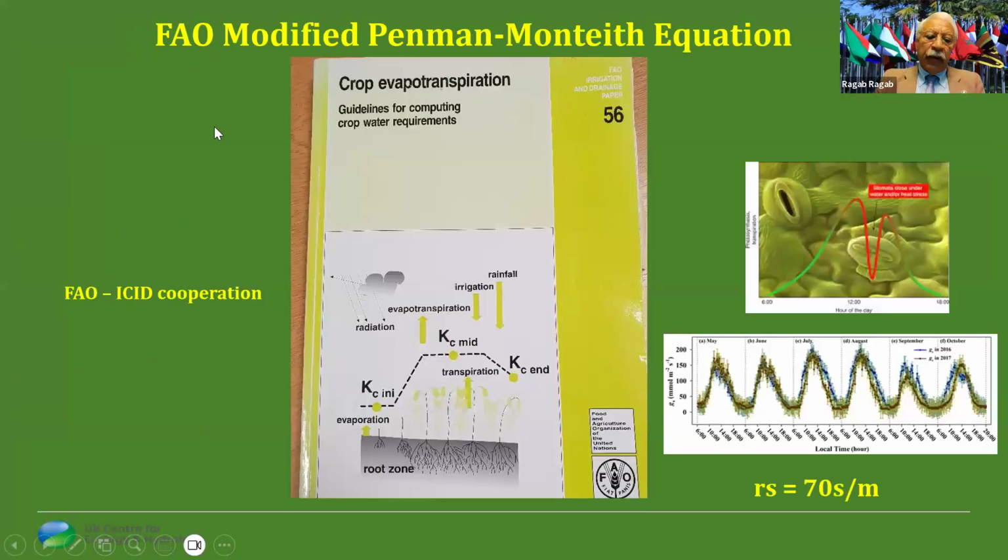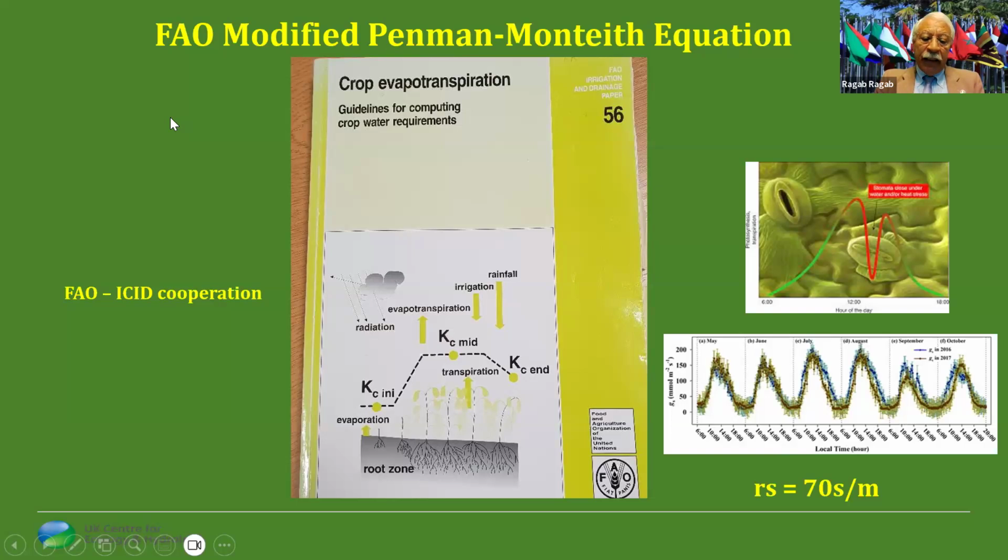Then FAO and ICID got together and started to look for ways to simplify that parameter in order for people to use that equation and still have some representation of the crop.